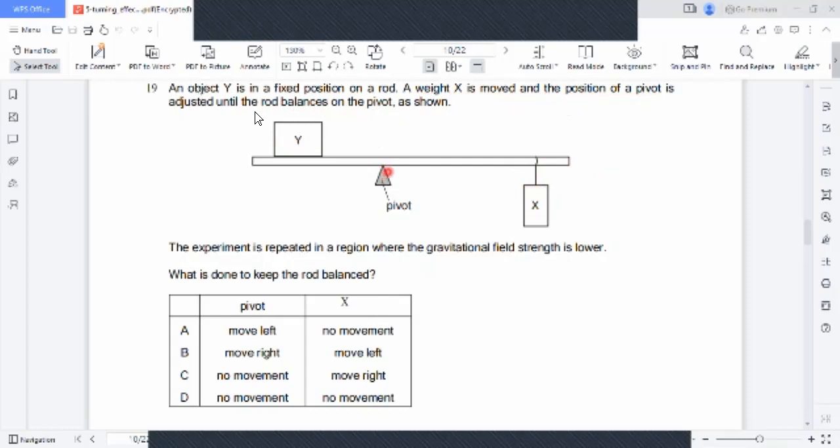Like here is a pivot point. You move X here and there to balance this beam. The experiment is repeated in a region where the gravitational field strength is lower. What is done to keep the rod balanced?